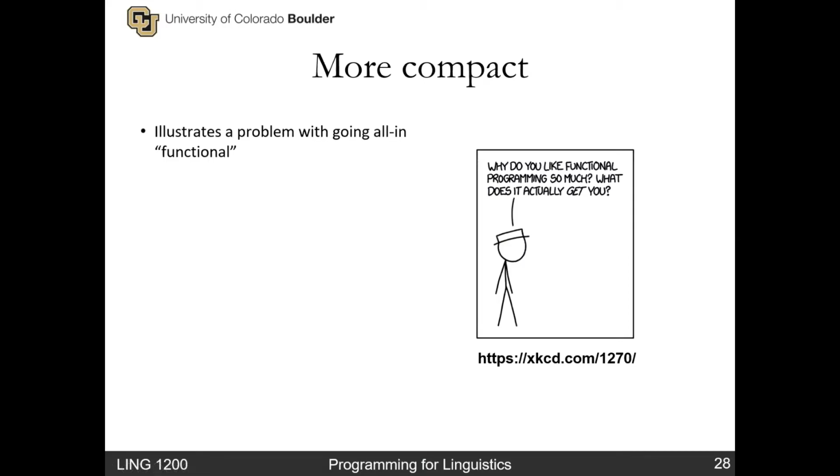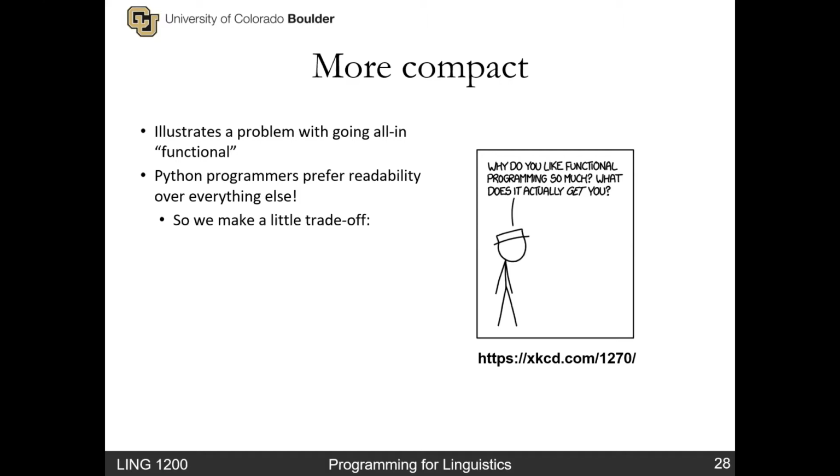So this fact, compact versus readable, illustrates a problem with going all in functional. Functional is more compact, but it's much less readable. And Python programmers prefer readability over everything else. So Python, which is not a functional language, but has a lot of elements of functional programming, makes a trade-off.